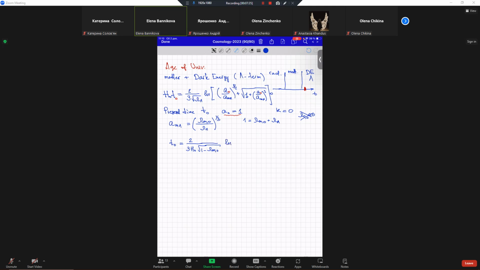Logarithm. And here, instead of 1 divided by a_m lambda, we put this expression: 1 minus omega m0 divided by square root omega m0, plus 1 plus omega m0 divided by omega m0.